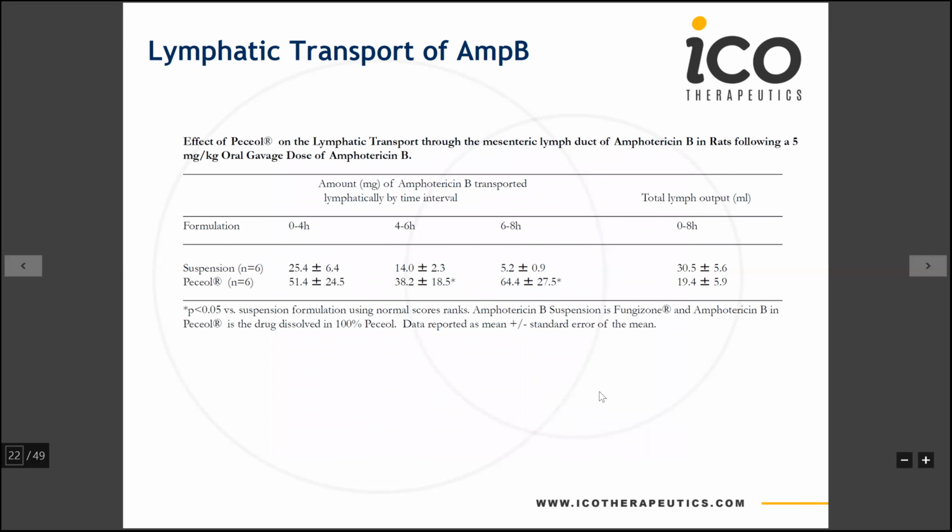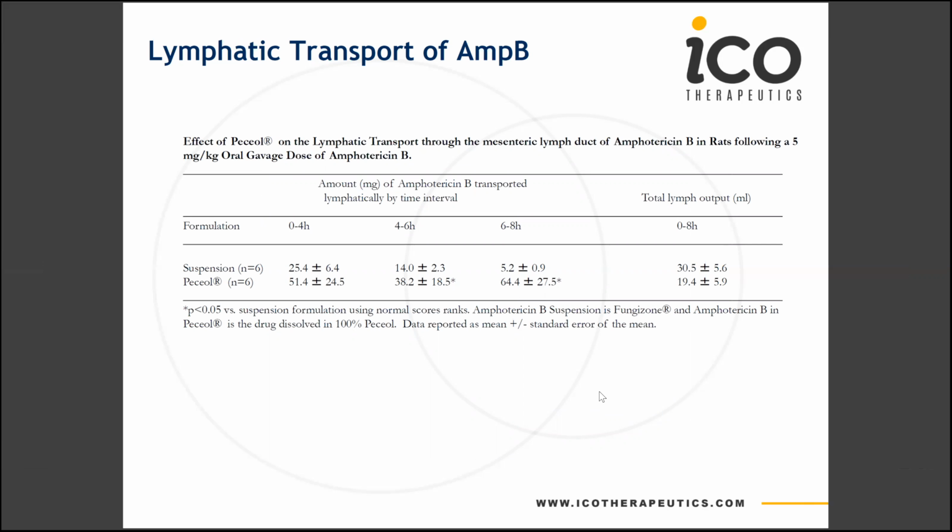This actually shows you a table of the transport of amphotericin B in rats following an oral gavage of our formulation, which is really a combination of PCL, which is a mono and diglyceride mixture, compared to suspension control.